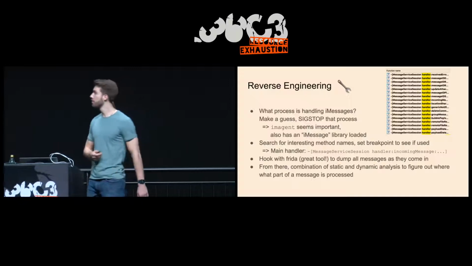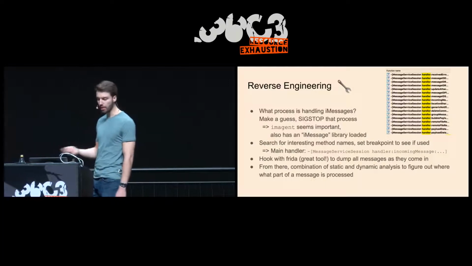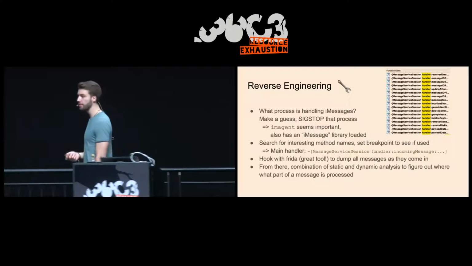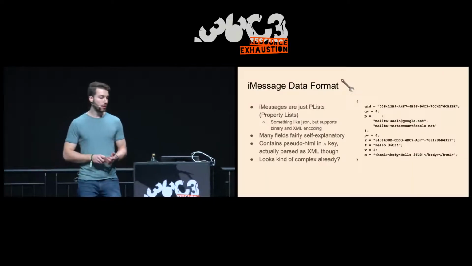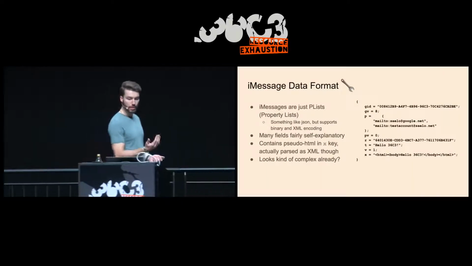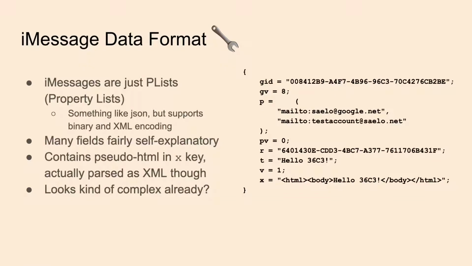So this is a good way to get started. Of course, from there you want to figure out what these messages look like. So you can dump them in the handler when they come in. On the right side, you see how these iMessages look more or less on the wire. They are encoded as a plist, which is an Apple proprietary format.